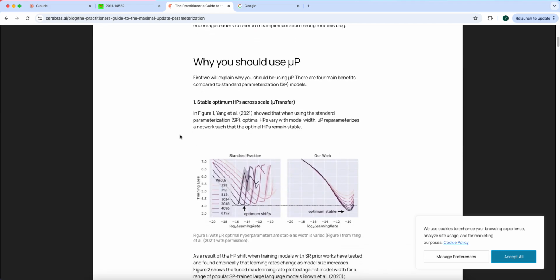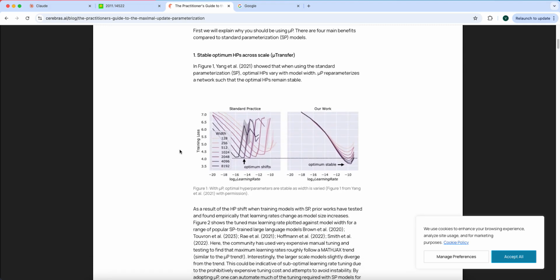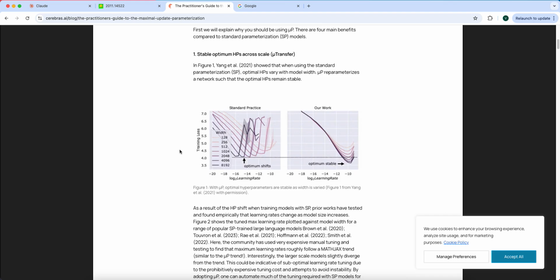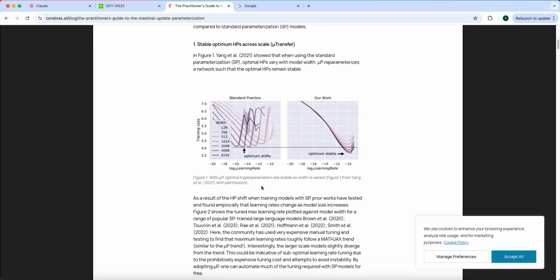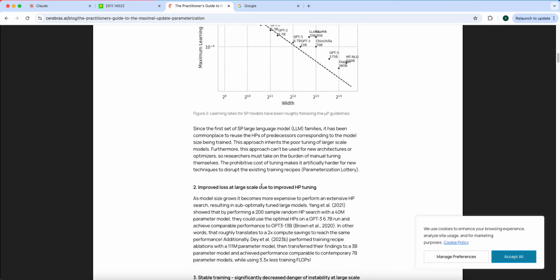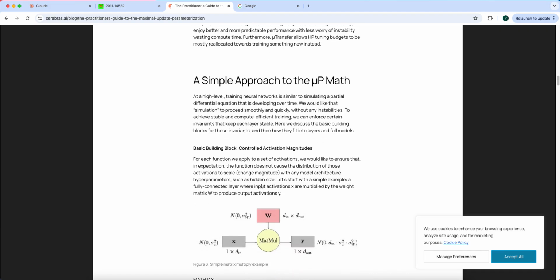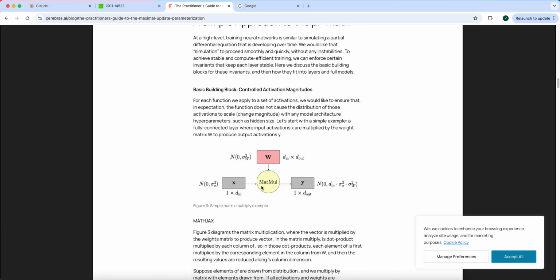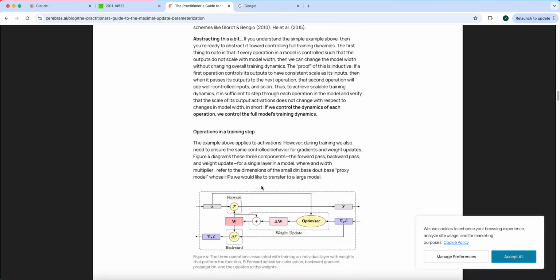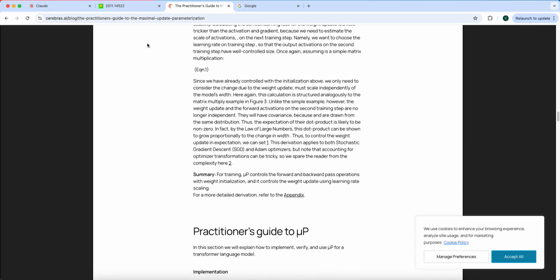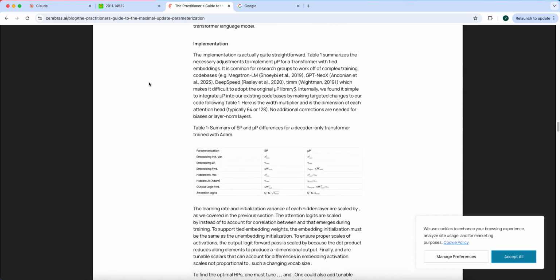So, stable optimum HPs. I don't know what HPs are. All right, this one I think is going to be out of scope.